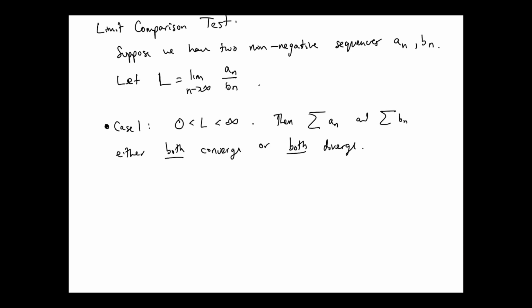Now remember, in practice, you are the one choosing the B sub n sequence. So choose wisely, but that's half the game, is not only realizing, hey, comparison is going to be a good technique here, but what should I compare against?